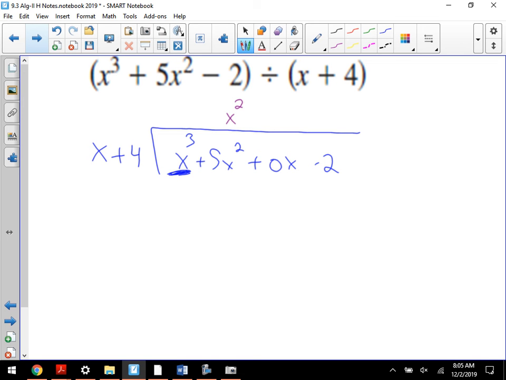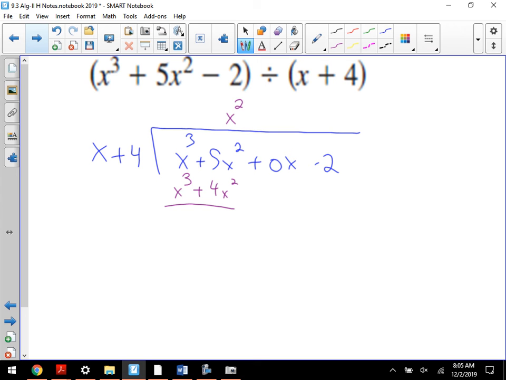The other reason I put it above the second term is that notice there are two terms here. How many are out here? There's a coincidence there. Which means now I just distribute that x squared to both the x and the 4. So I get x cubed plus 4x squared.